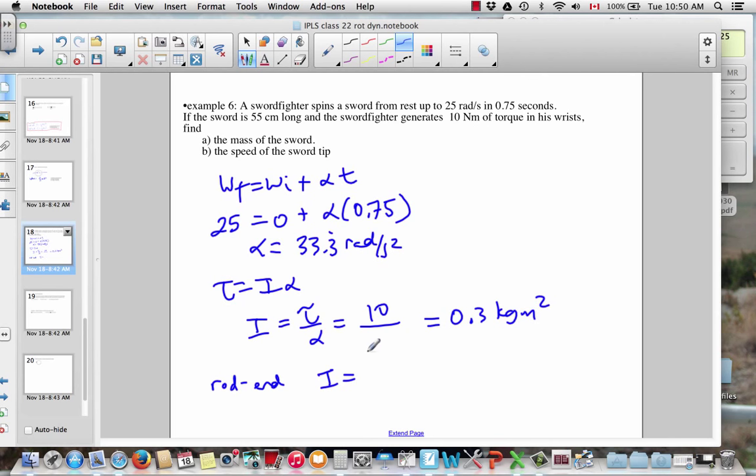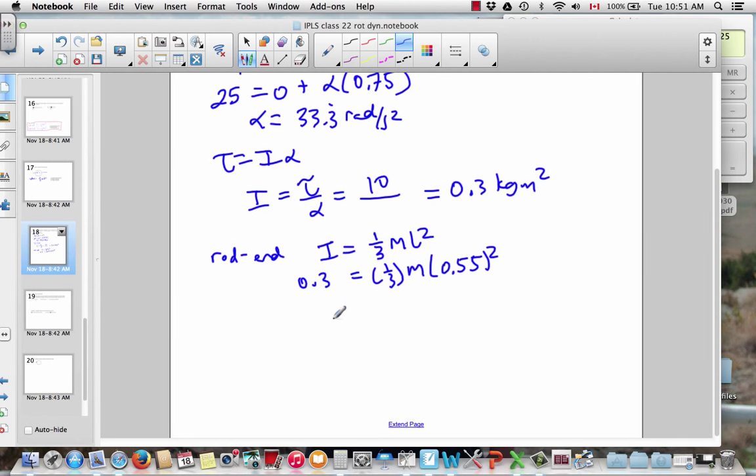We will treat the sword as a rod pivoted about the end, for which the inertia is 1/3 ml squared. So putting in 0.3 and putting in the given length, which is 0.55, we can solve for the mass of the sword.